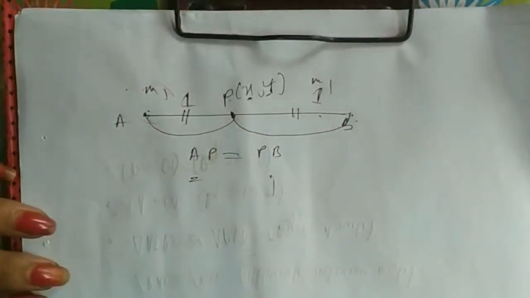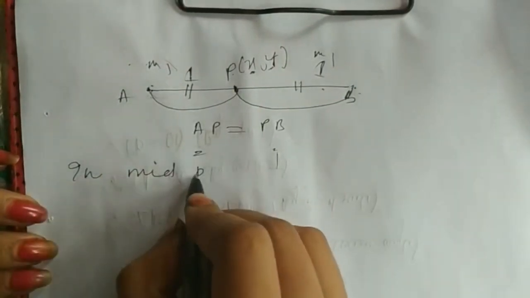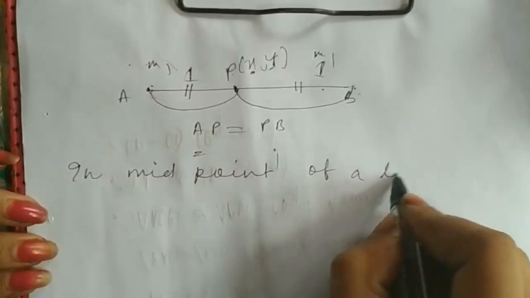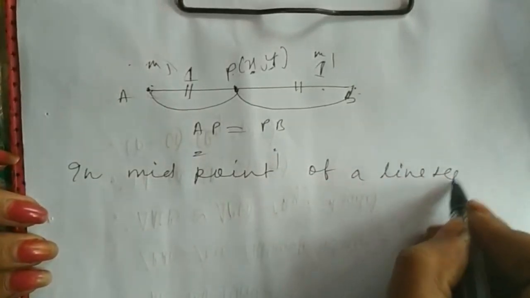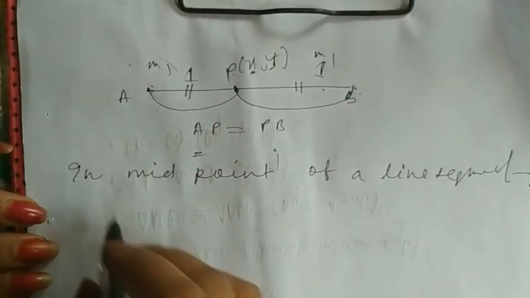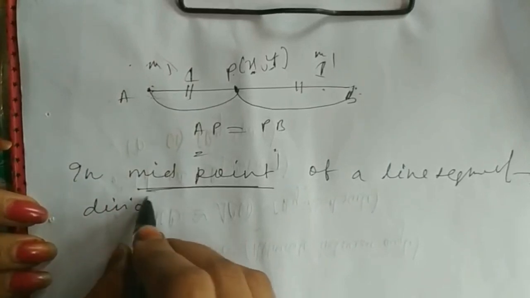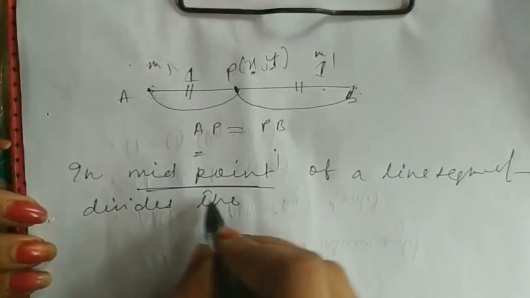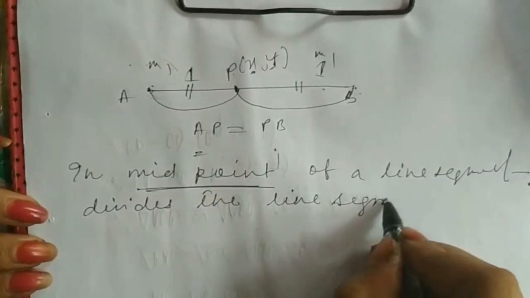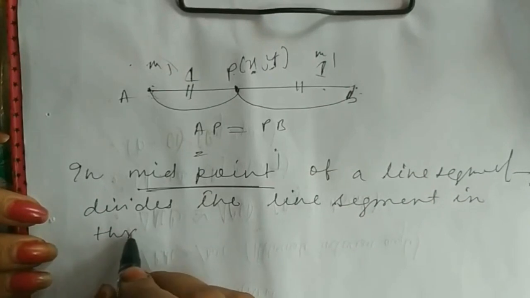So here, the midpoint of a line segment divides the line segment in the equal ratio.